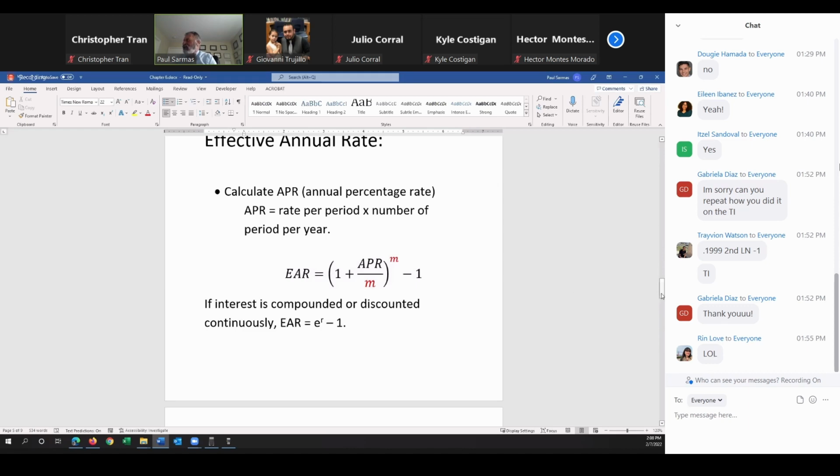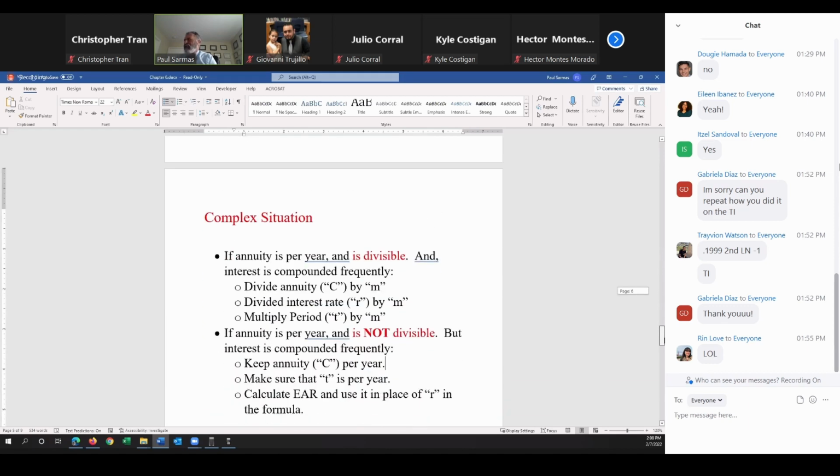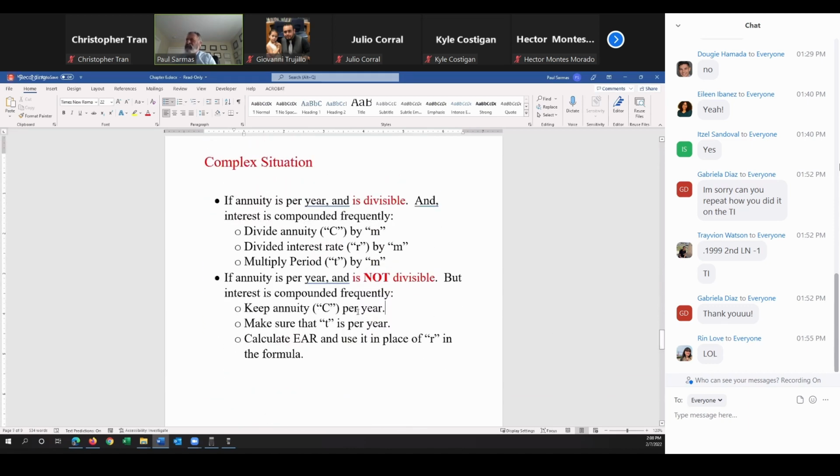So as the last step, you keep C per year, T is per year. You calculate EAR and you will use it in place of R in the formula or calculator. And you will be getting the correct answer. This is a notation of dealing with a special situation. So write it down.